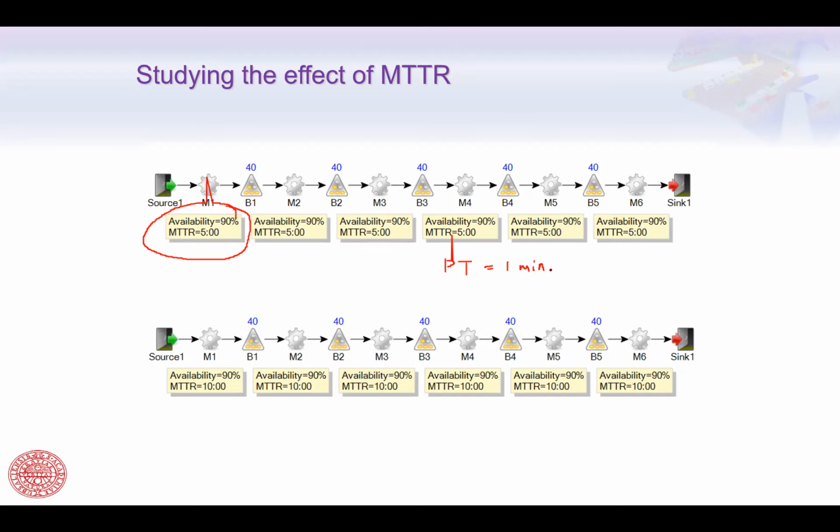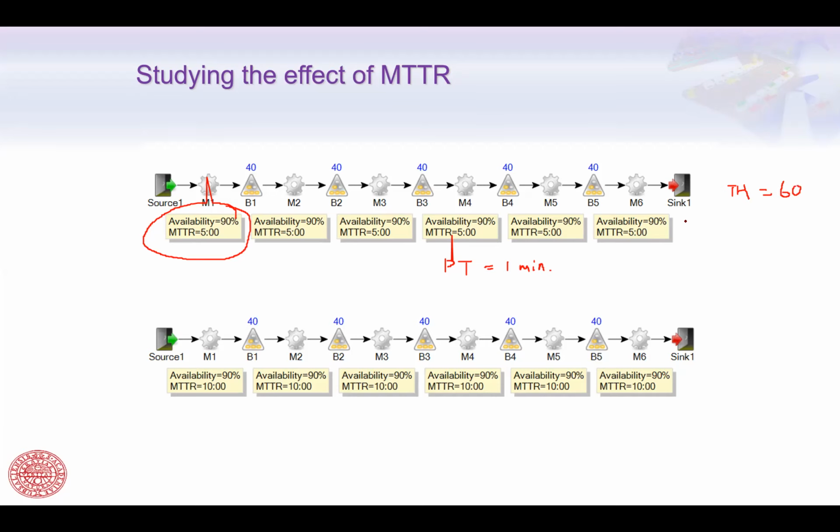If I'm not wrong, that means the target throughput, the optimal throughput without the availability issue, will be 60. So you can expect that for an ideal line with a processing time of 1 minute, the throughput will be 60.